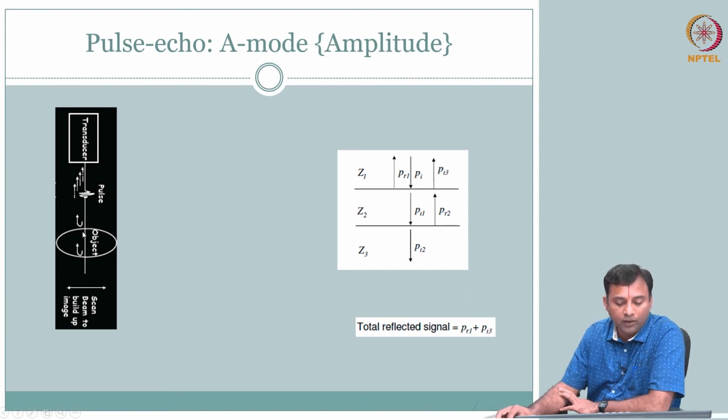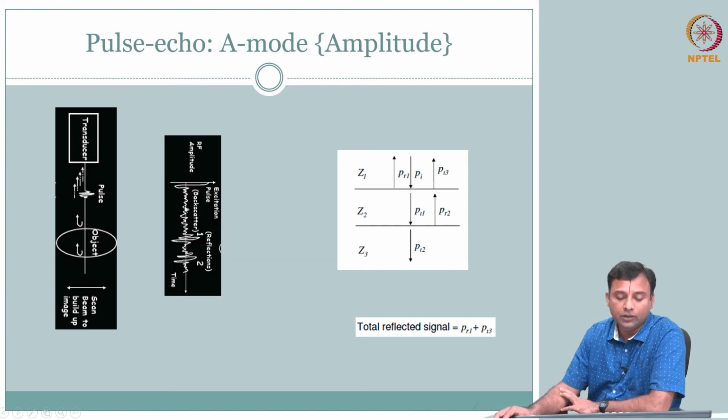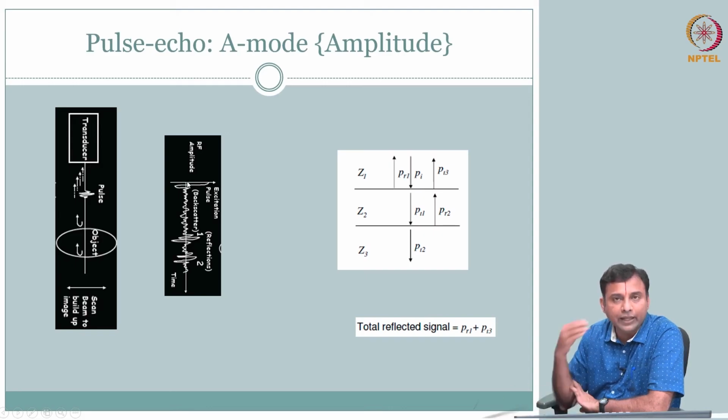If you just plot this, that is your RF amplitude. This is just the received signal, which we also call the raw signal, not the envelope per se. This is just the time trace. You send the signal, you start to receive the echoes.